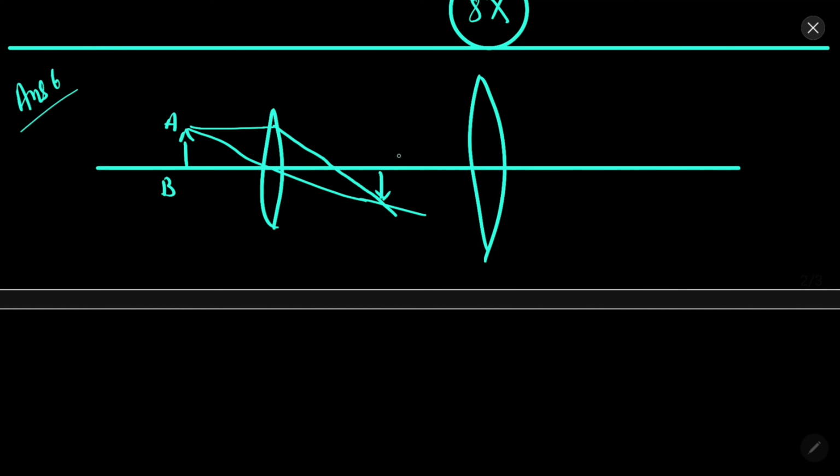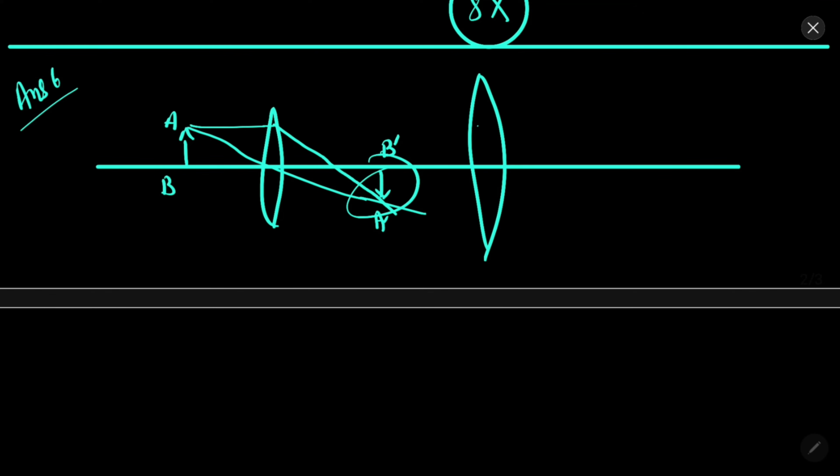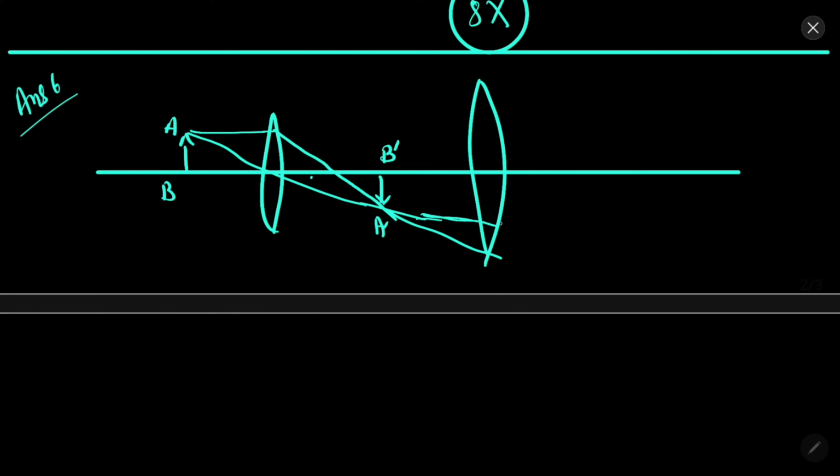Let's say this is A dash, B dash. Now this image will be the object for the second lens, the eyepiece lens. So the image by this lens will be obtained somewhere here, as the rays will go like this and like this and they will meet over here, and the image will be obtained here, which will be called B double dash, A double dash.